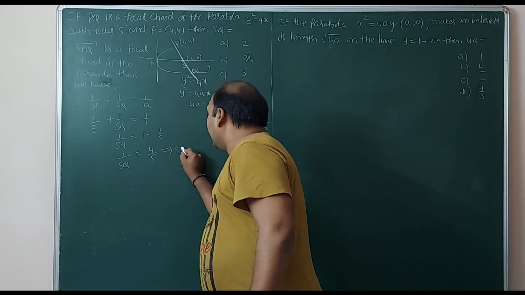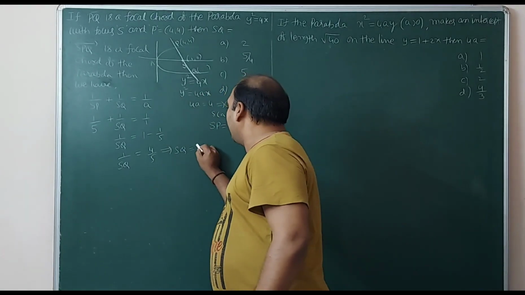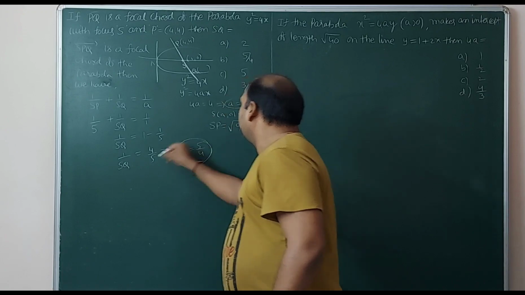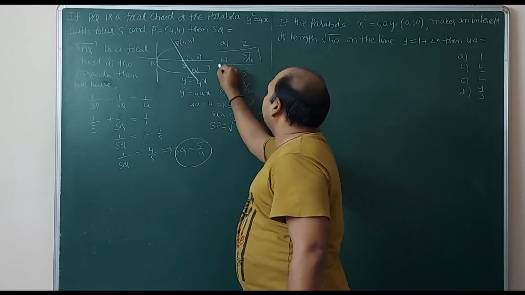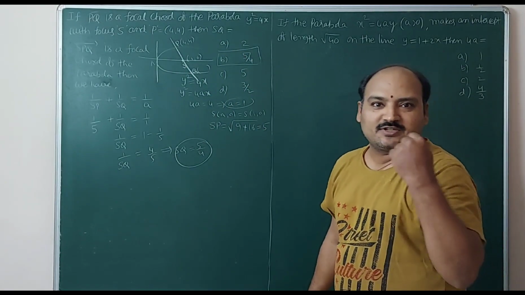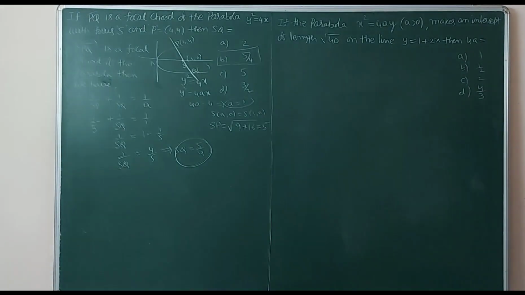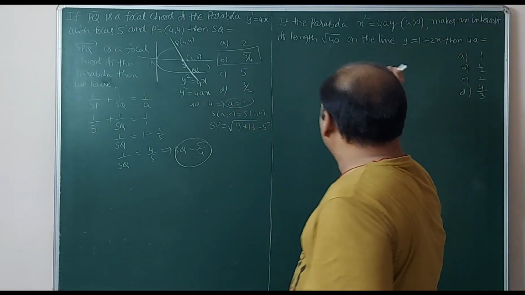But SQ is equal to the reciprocal of this, no? 5 by 4. So 5 by 4 is the required answer. Are you able to see, dear students? Yeah, second option is the right option. Come to the next question.